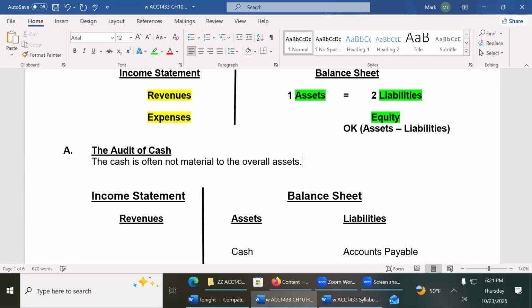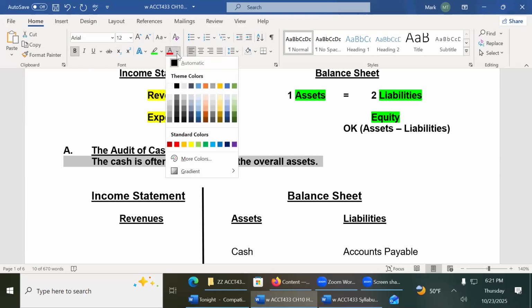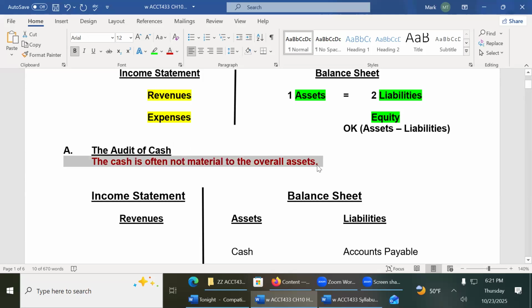For the overall assets, a lot of times it's a smaller amount than, say, buildings and all that kind of stuff. So it's often not material, the overall assets. However, it's arguably the most important account that we will audit.